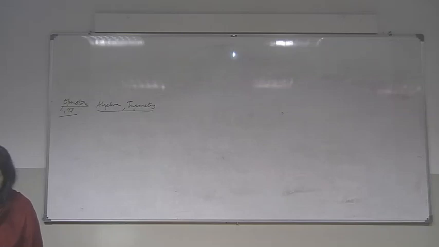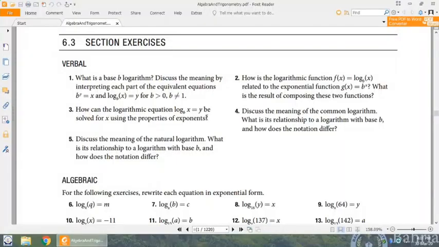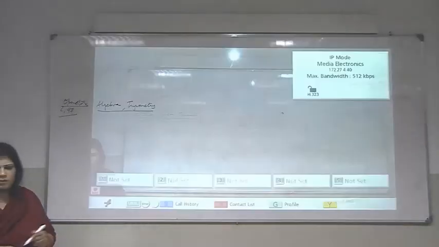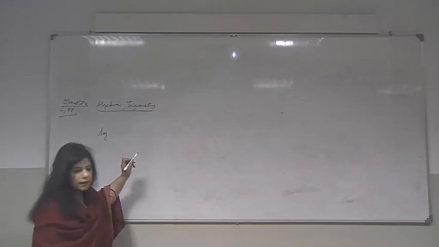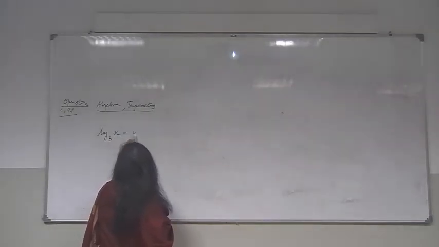Now let's move on. You can do other questions if you feel like it. Let me verbally tell you: how can the logarithm equation log_b x = y be solved for x using the properties of exponents? They've given you a logarithmic equation log_b x is equal to y.